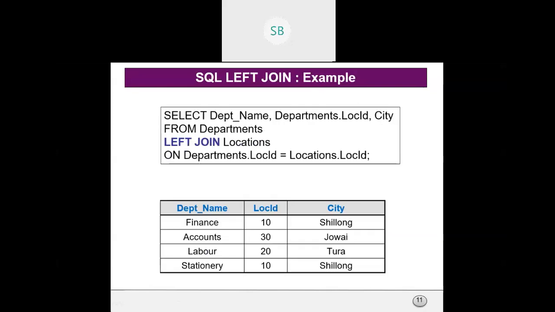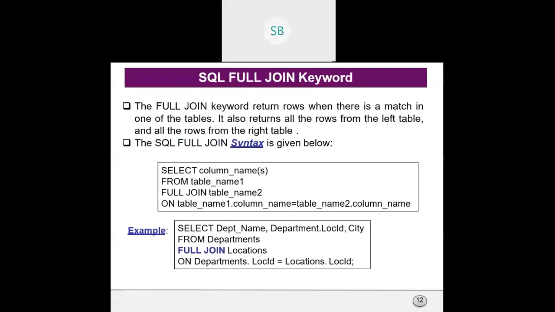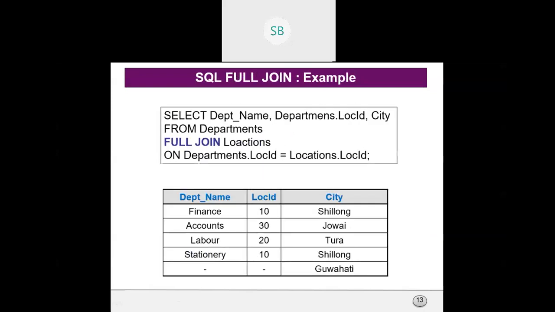Now moving to the full join. Full join, as the name suggests, even if there is no match in both the tables, the rows in the left join also will appear, and the rows in the right join also will appear. So let's check the answer. You can see that the result is the same as the left join because we had one extra row in the left join, so that is why.